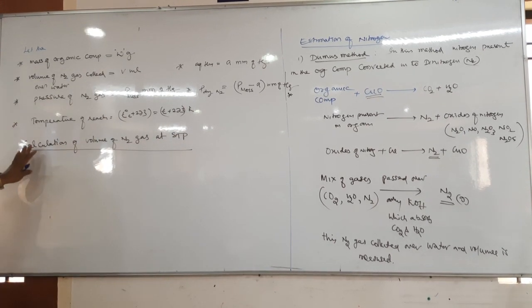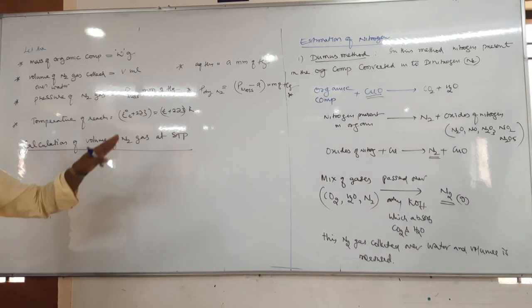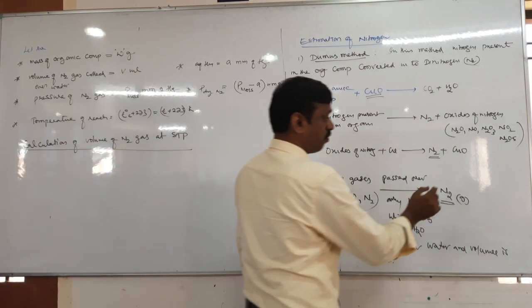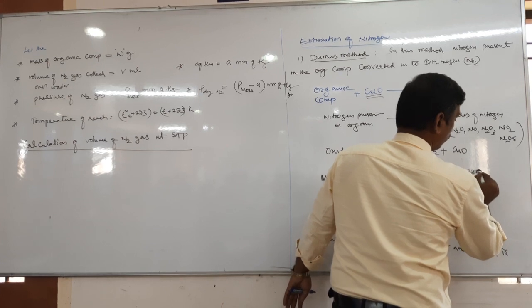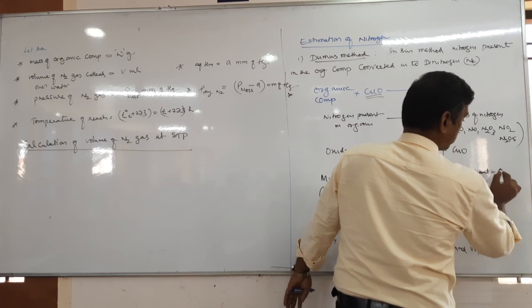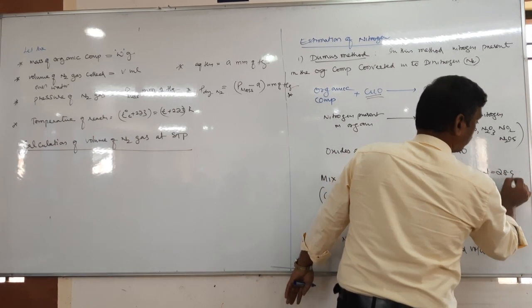Now let's see the calculation of volume of N2 gas at STP. Why do we have to calculate at STP? We get the relation between volume and mass at STP. At STP, 22,400 ml of any gas equals its molar mass, and the molar mass of nitrogen is 28 gram.